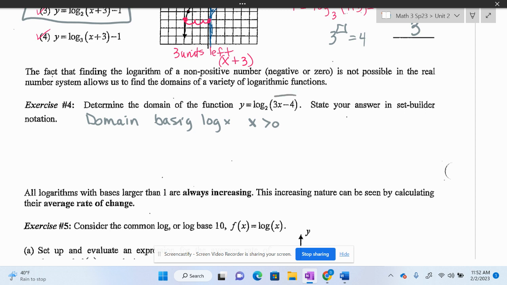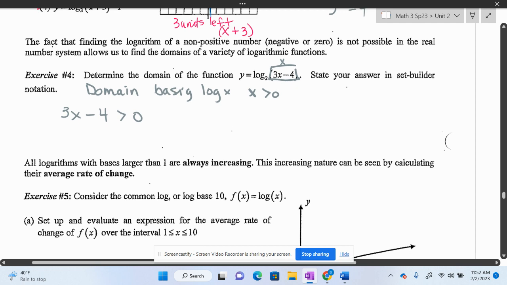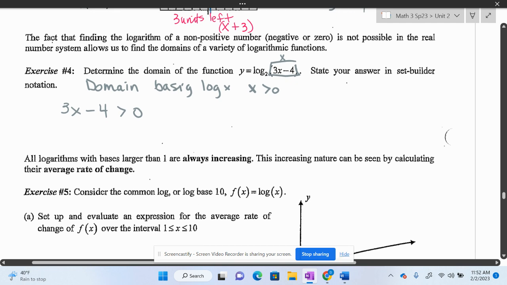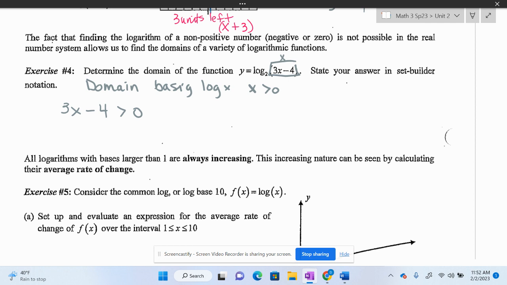So this is my function. This is just like saying x, but now it's 3x minus 4. So what's happening here is that I have to set it up to say that 3x minus 4 has to be greater than 0. And I'm trying to figure out what x has to be greater than.